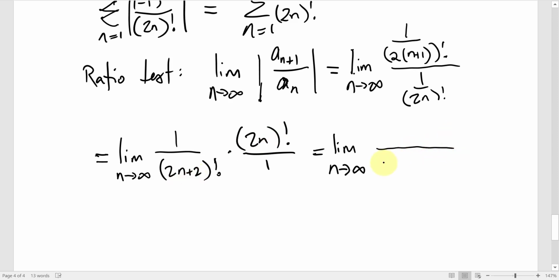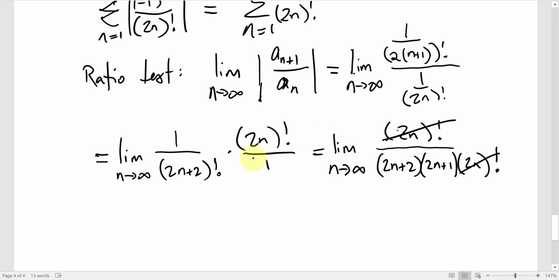What happens is you get 2n plus 2, and then 1 less than that is 2n plus 1, and 1 less than that is 2n, and then 1 less than that would be 2n minus 1, but I'm not going to write that because I can see the 2n right there. So it's (2n) factorial, and then up here I have (2n) factorial, and that's what cancels.